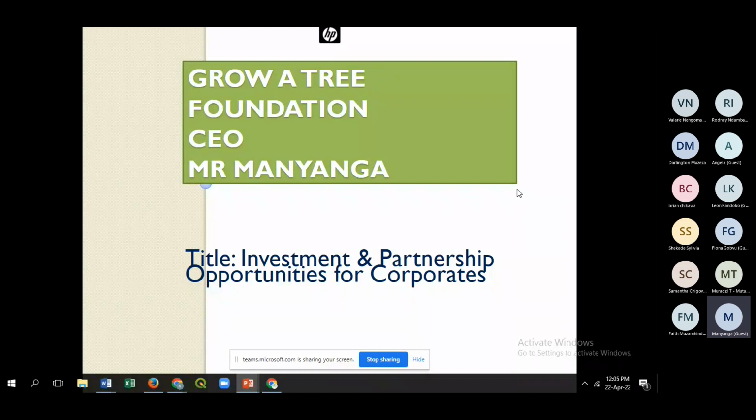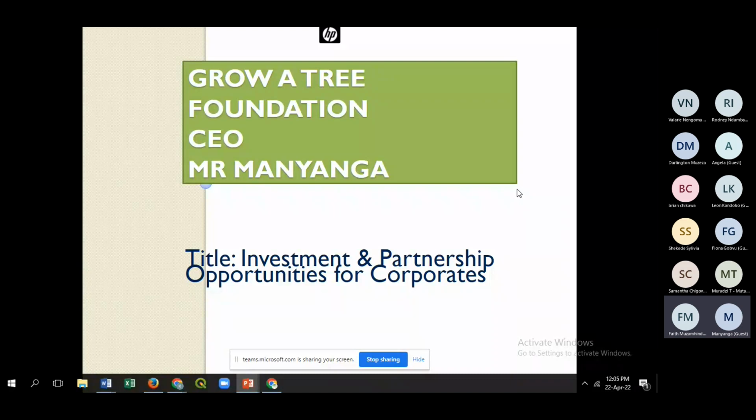So in simple mathematics, we assess your carbon footprint, we offer you the opportunity to offset it through those activities that I mentioned, and then we help you to improve as a corporate and continue your business while ensuring that you are reducing the damage that you are doing to the environment. I've explained the issue of afforestation and reforestation.